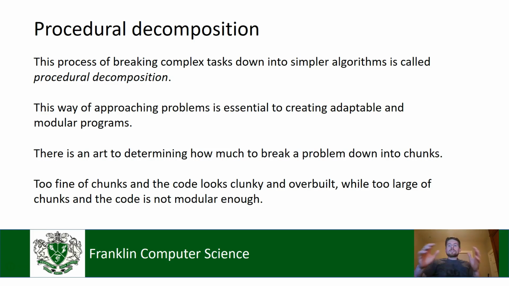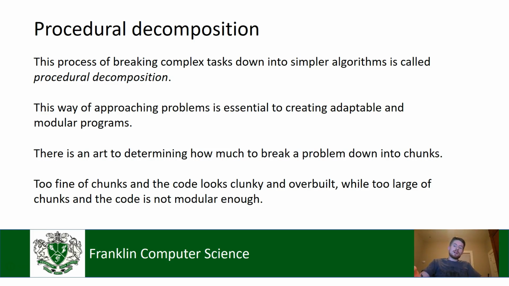And if you make the chunks too large, your code will end up looking pretty messy. It needs to get separated out a little bit further. It'll be easier to understand that way. And it won't be as modular either, because this one chunk is trying to do too much stuff.